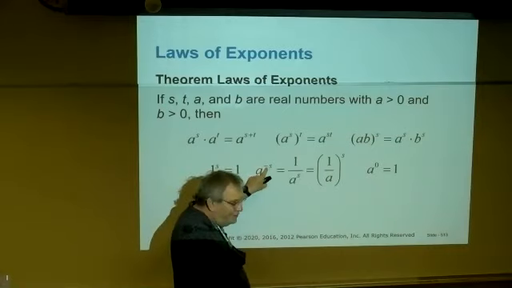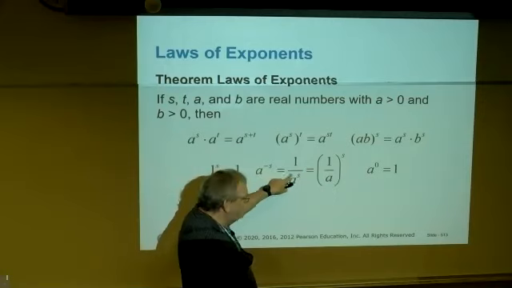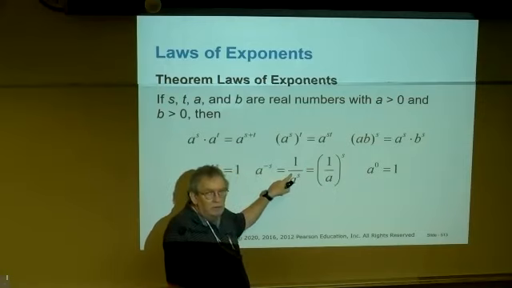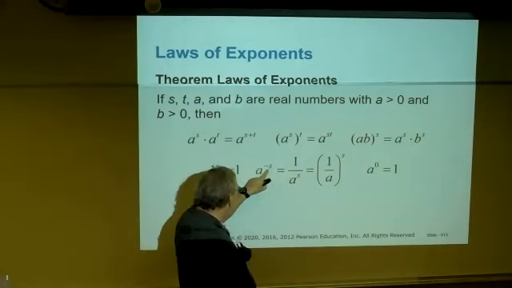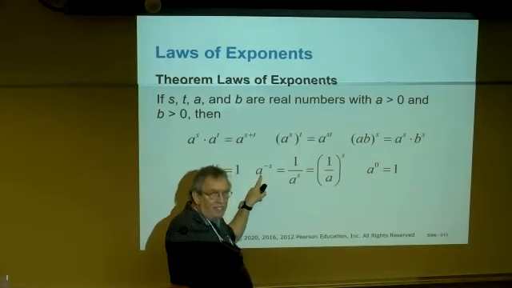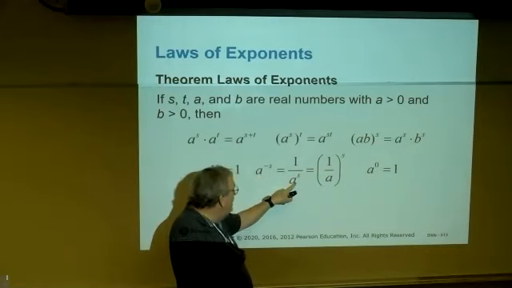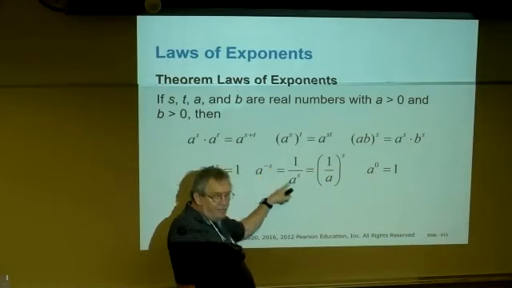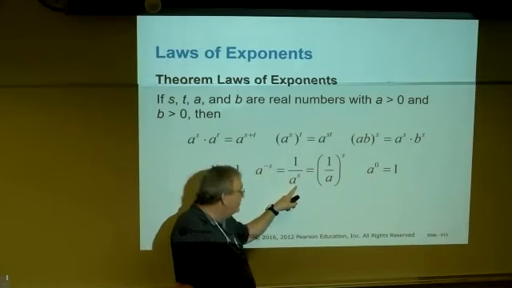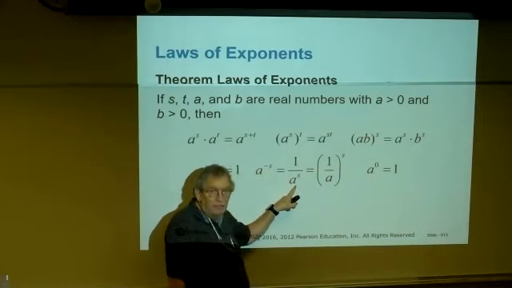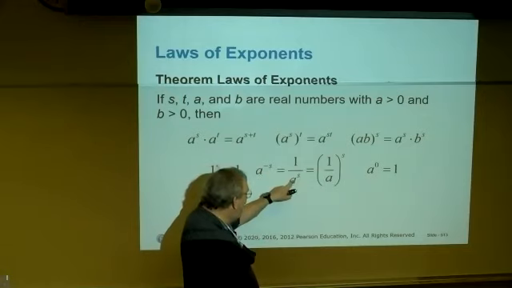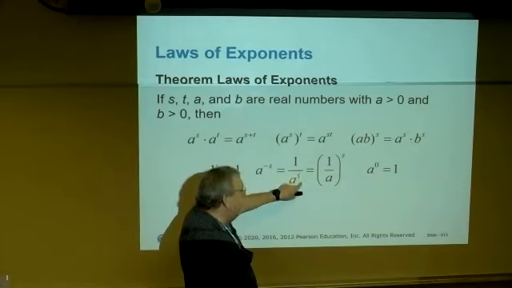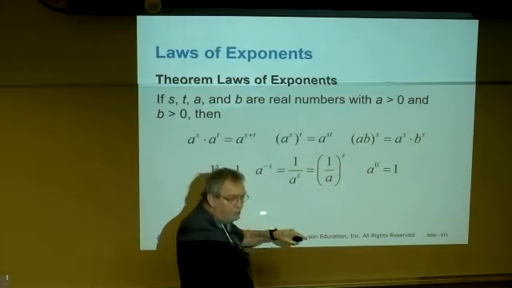The negative exponent just means you're doing the reciprocal. I like to think of it as being in the wrong place in the fraction. So it goes downstairs and the minus sign goes away, because it's where it's supposed to be. If this was 1 over a to the negative s, then it needs to come up to the numerator.